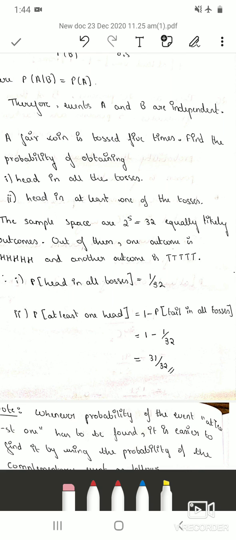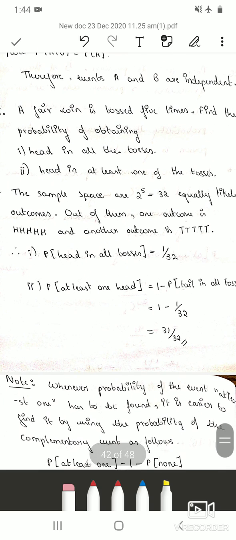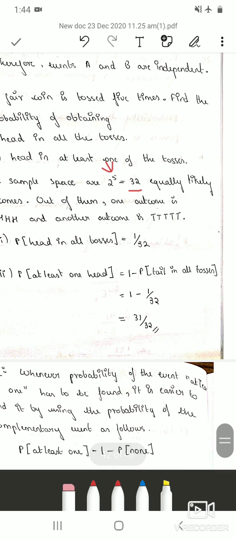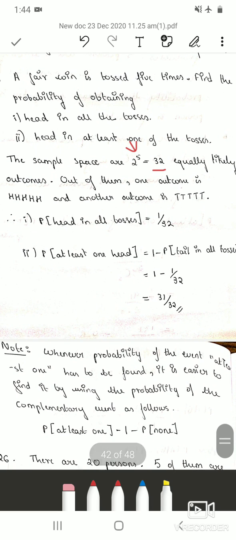It would be a tedious method. Therefore we can calculate small n with the formula 2 raised to 5. So when you toss a coin, the outcomes would be either head or tail, so which is 2 outcomes. So you're tossing it for 5 times, therefore 2 raised to 5, which is 32. Therefore there are 2 raised to 5, which is 32 equally likely outcomes.